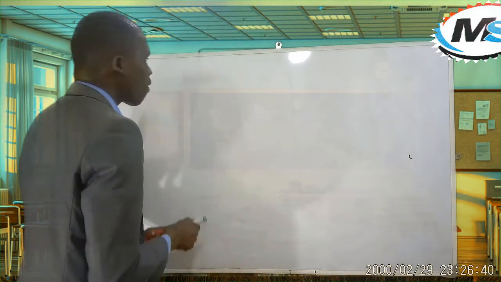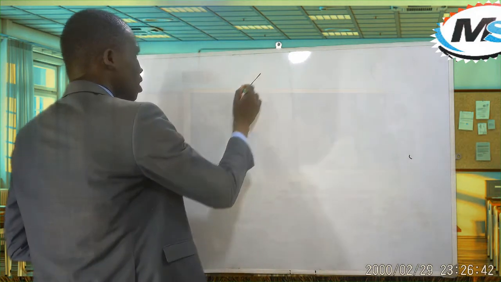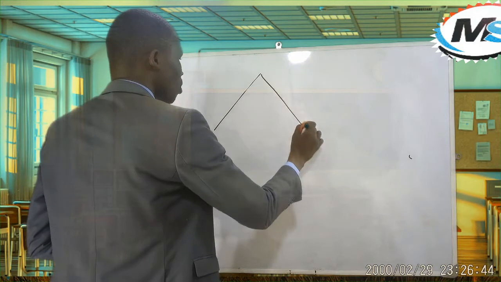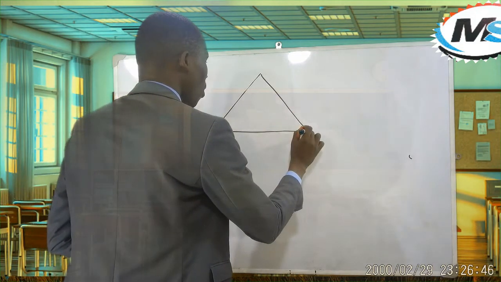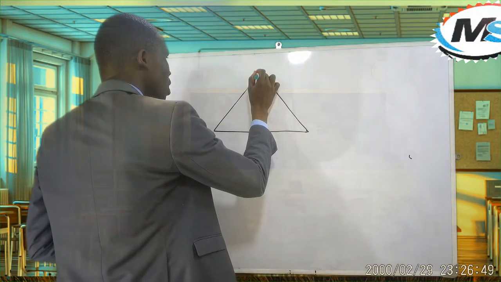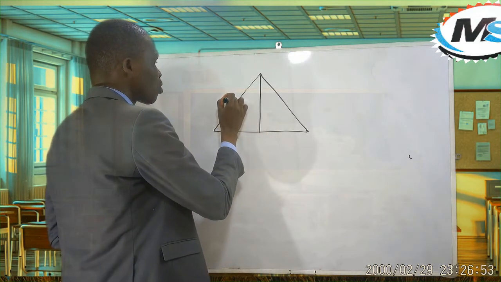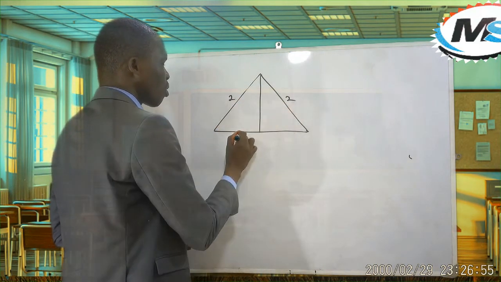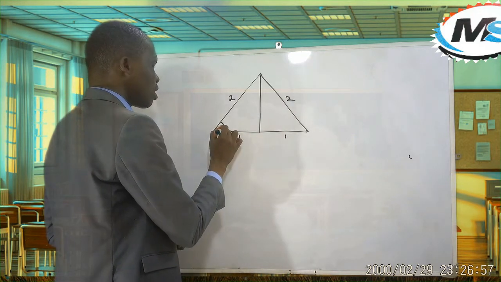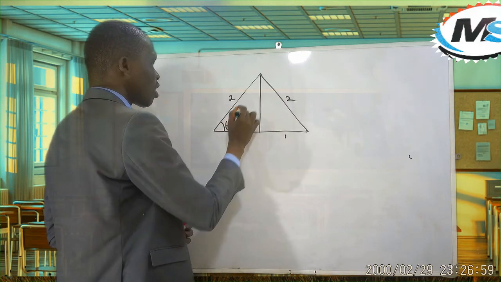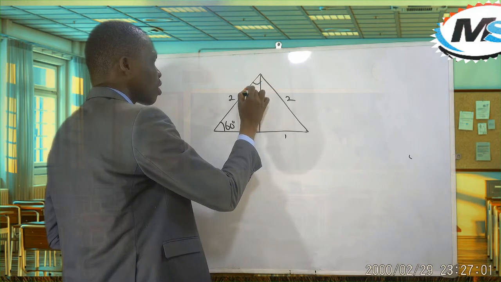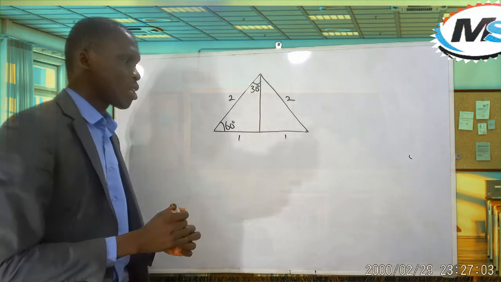Now, let's consider this. If you have something like this, an equilateral triangle of 2 units. This is 2, 1, 1. This is angle 60 degree and this is angle 30 degree.